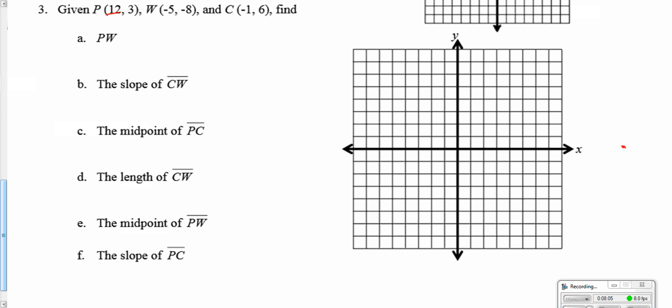So for PW, I want to find the length of PW, so I'm going to look at my points. P is the point 12,3. W is -5, -8. I want to look at the distance between x's and y's, because that's what I was doing, same thing with my Pythagorean theorem. So the distance from 12 to -5 is 17.